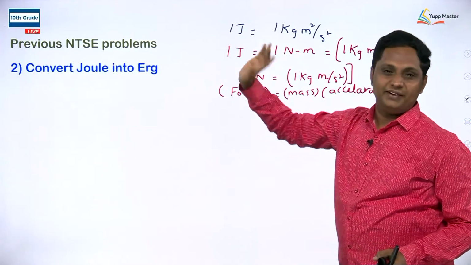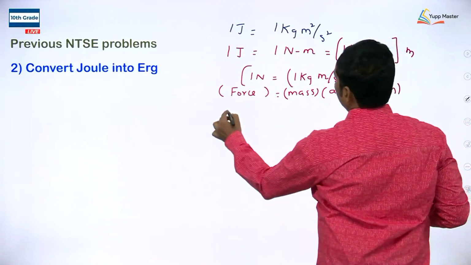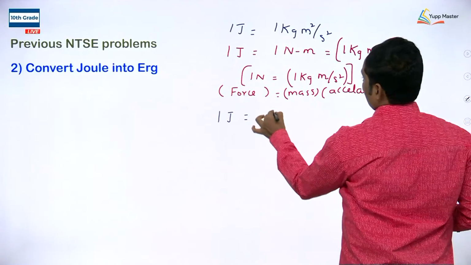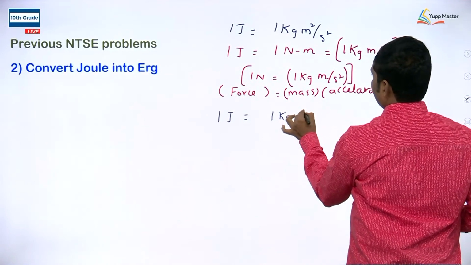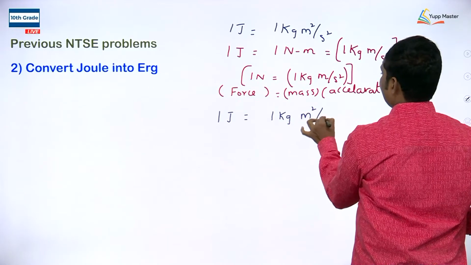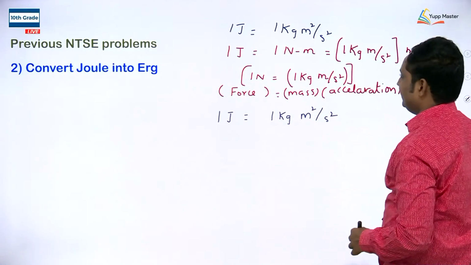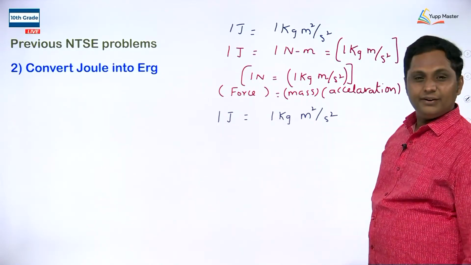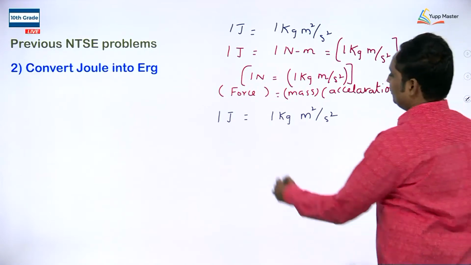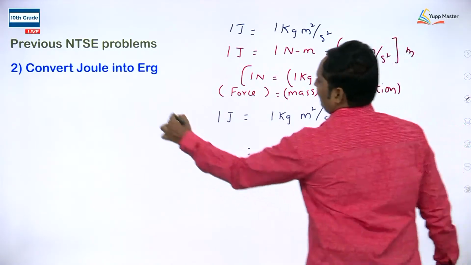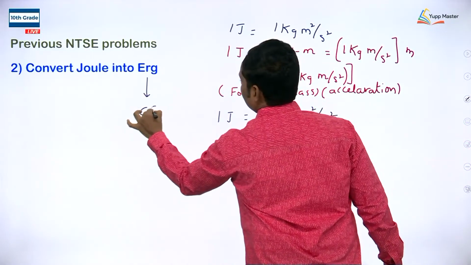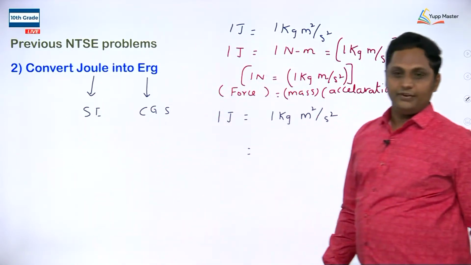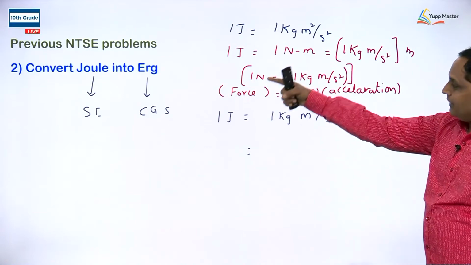Let us see that. Finally, we have 1 kg meter square per second square. Now, to express that value, for erg it is going to be CGS, while this is the SI system.